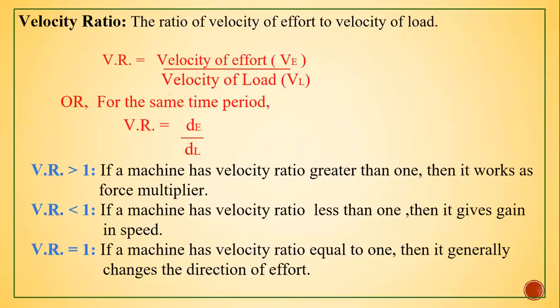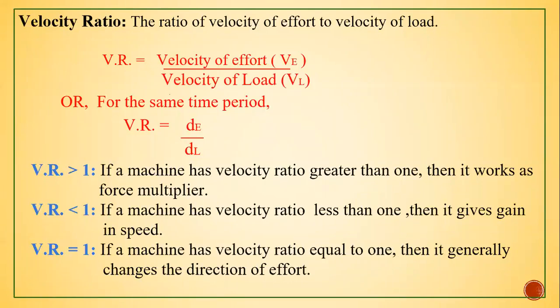Next term, which is very important related to simple machines, is velocity ratio. As the name suggests, it is the ratio of velocities. Whose velocity? It is the ratio of velocity of effort to velocity of load. And we know that the formula for velocity is distance upon time.